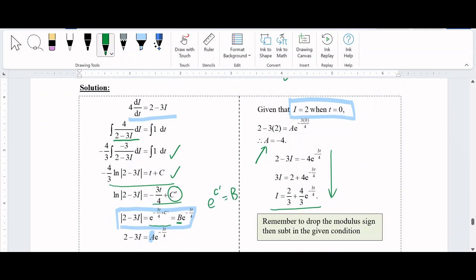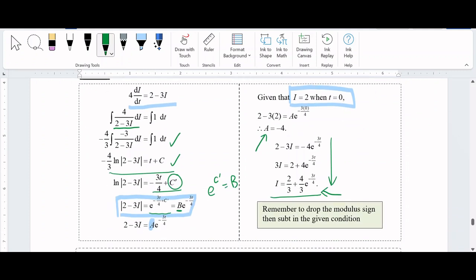Of course, we will need the particular solution to help us. So imagine if your t over here tends to a very large number, what happened? Then negative 3 over 4 t will tend to a very negative number, like negative infinity. Then what happened to e to the power of negative infinity? It tends to 0.